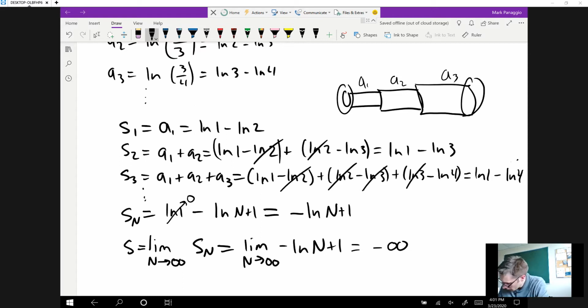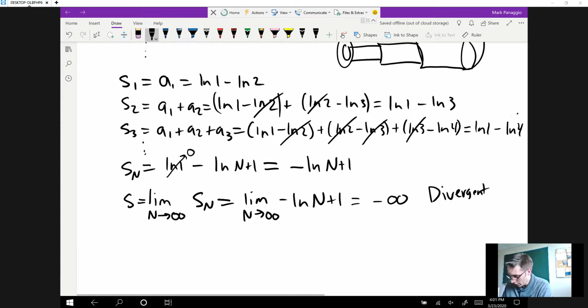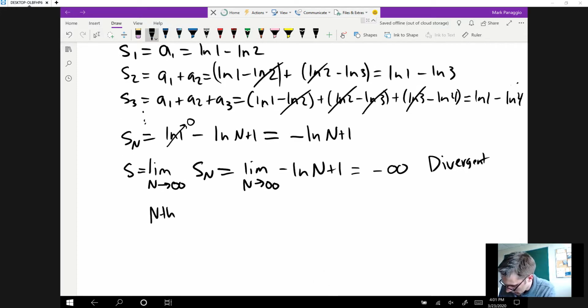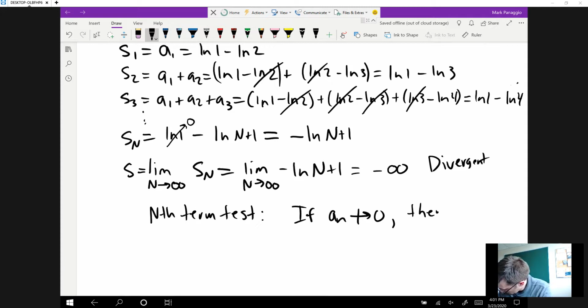Okay, so this would be an example of a divergent series. And it turns out that this is another useful counterexample. You remember that we said earlier the nth term test said the following: if an does not go to 0, then the sum of an off to infinity diverges.